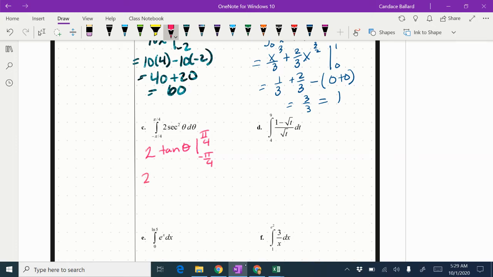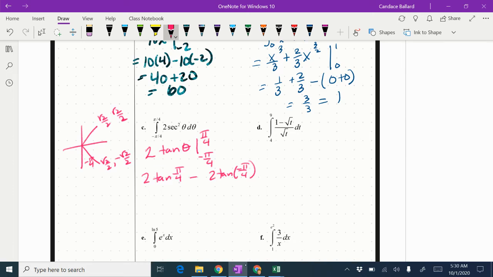So I'm going to do 2 tangent of pi/4 minus 2 tangent of -pi/4. Remember your pi/4s are here and here. This would be your -pi/4. We know they're square roots of 2/2. In this one, it would be square root of 2/2 comma negative square root of 2/2 because we know sine is negative in that quadrant.